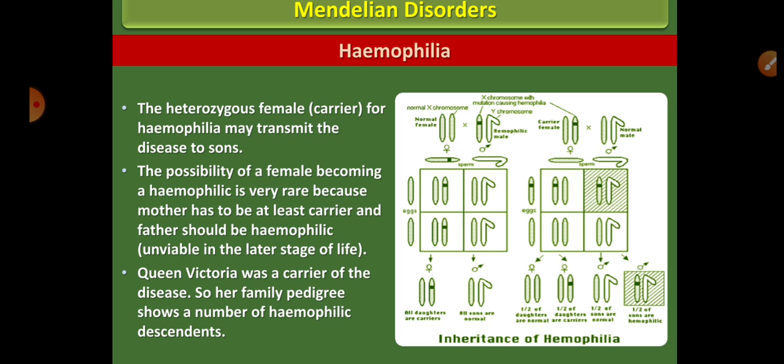The possibility of a female becoming hemophilic is very rare because the mother has to be at least a carrier and the father should be hemophilic. Queen Victoria was a carrier of the disease, so her family pedigree shows a number of hemophilic descendants.